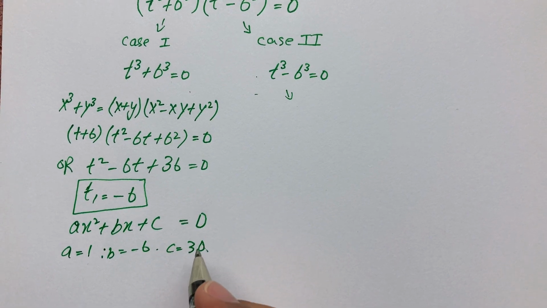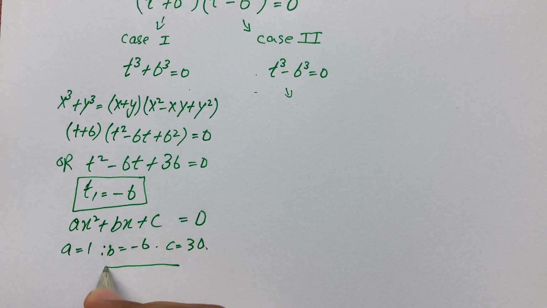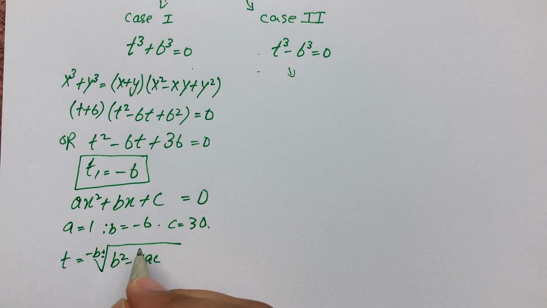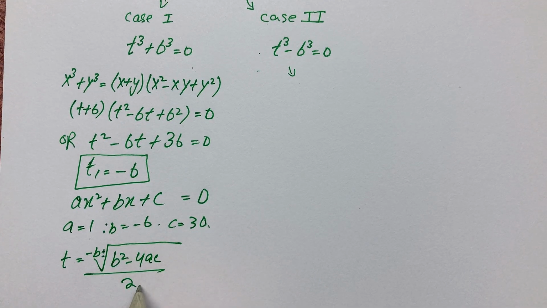Now we are using t is equal to minus b plus minus under root b square minus 4ac divided by 2a.